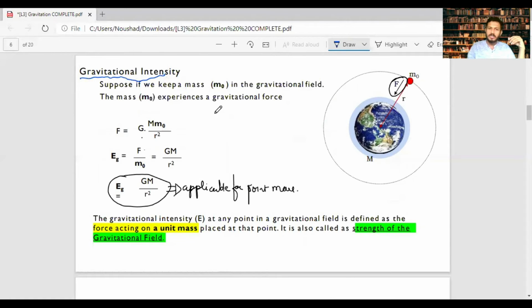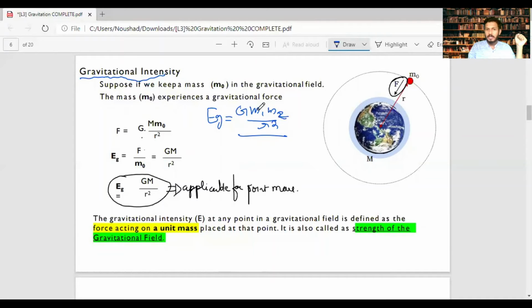What is the equation? Eg equal to G m1 m2 by r square, divided by, we are introducing a new mass m0. Here I am taking that mass as m2.